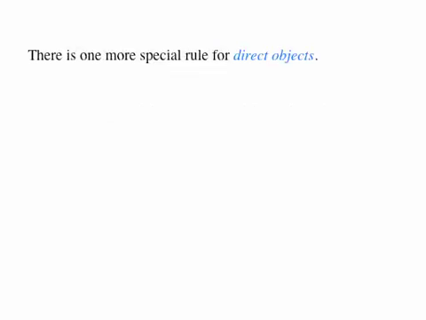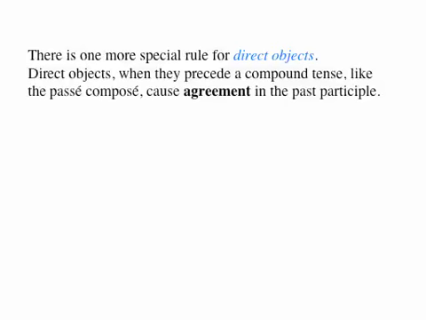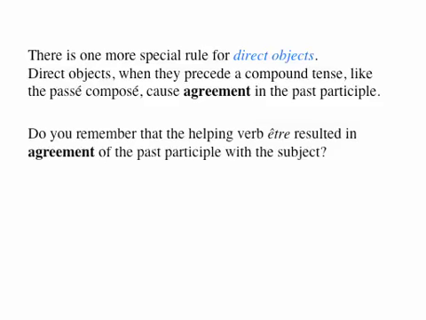Okay, one last thing. There is one more special rule for direct objects. Direct objects, when they precede a compound tense like the passé composé, are going to cause agreement in the past participle. Now we've seen agreement of the past participle before. Do you remember that the helping verb être resulted in agreement of the past participle with the subject? So, les filles sont arrivées with "es" at the end, because les filles was feminine and plural, so we add the e for the feminine subject and the s for the plural subject.